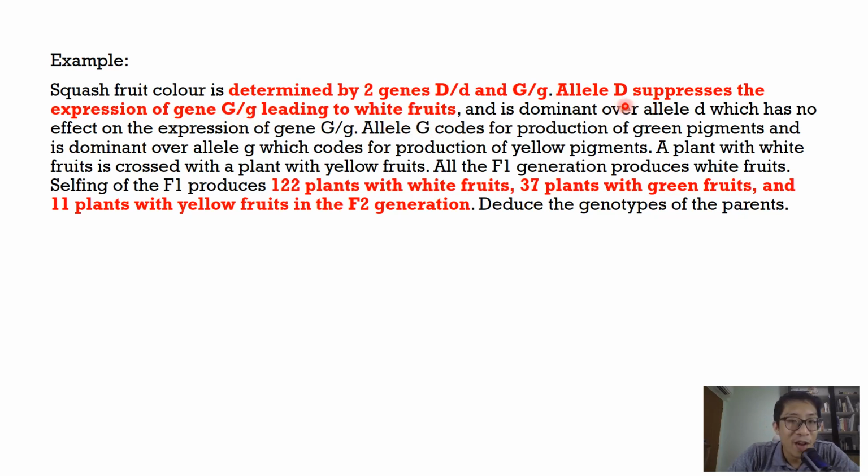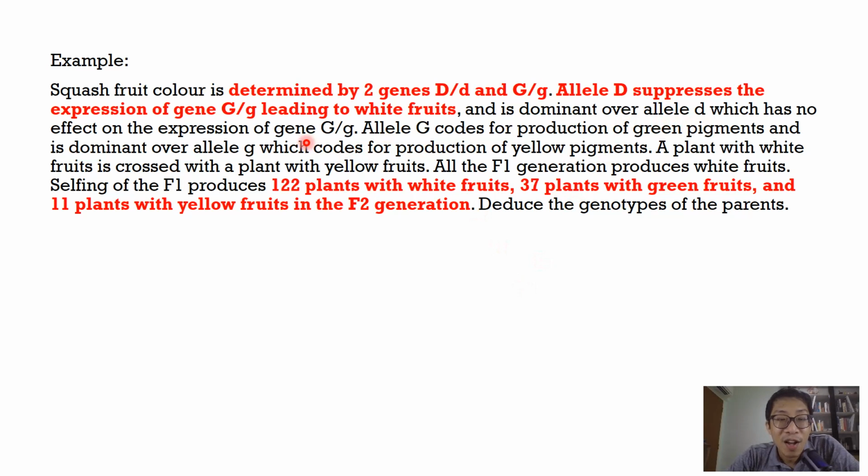So this question is very clear, telling you the kind of epistasis. The dominant allele of one gene, gene D, masks the expression of the other gene, gene G. That's why it's called dominant epistasis, because it's a dominant allele of one gene that masks the other gene. Okay, so the allele small d has no effect.